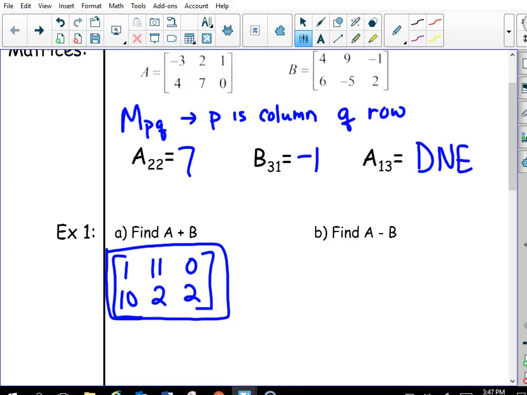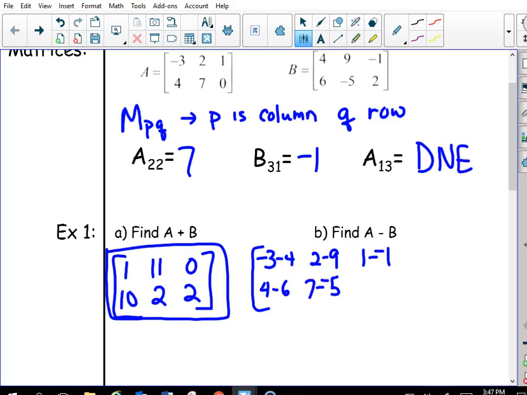Now I'm going to write my work matrix for the subtraction because I have signs in my numbers, and subtraction is also a sign. So I'm going to do 3 minus 4 in first row, first column. 2 minus 9. 1 minus a -1. 4 minus 6. 7 minus a -5.